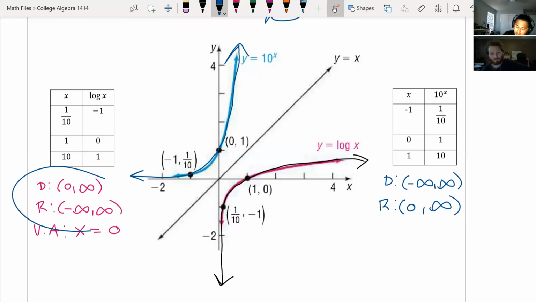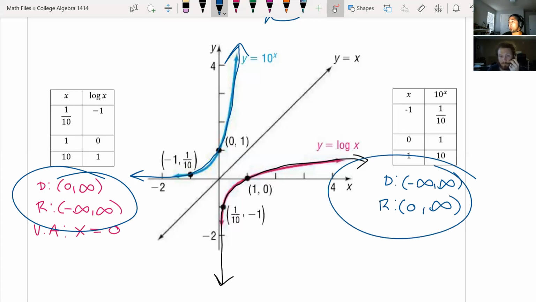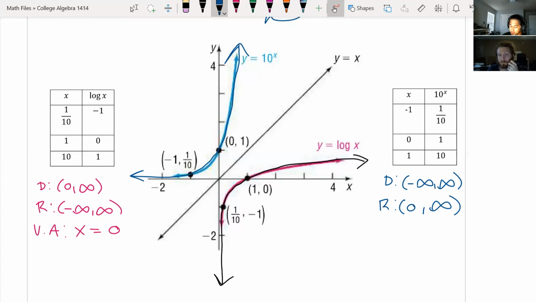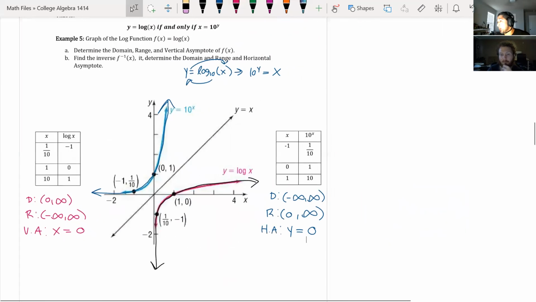Remember that we take these and swap them with these. And now our vertical asymptote becomes a horizontal asymptote at y equals 0. Okay, that is the common log function and its inverse.